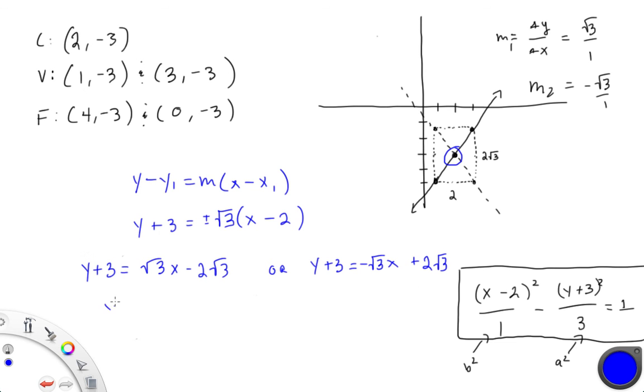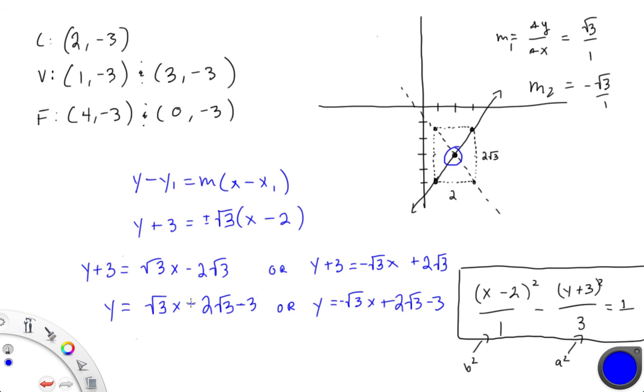We subtract 3 from both, we get y equals root 3 x minus 2 root 3 minus 3, or y equals negative root 3 x plus 2 root 3 minus 3. And these are the equations of the line.